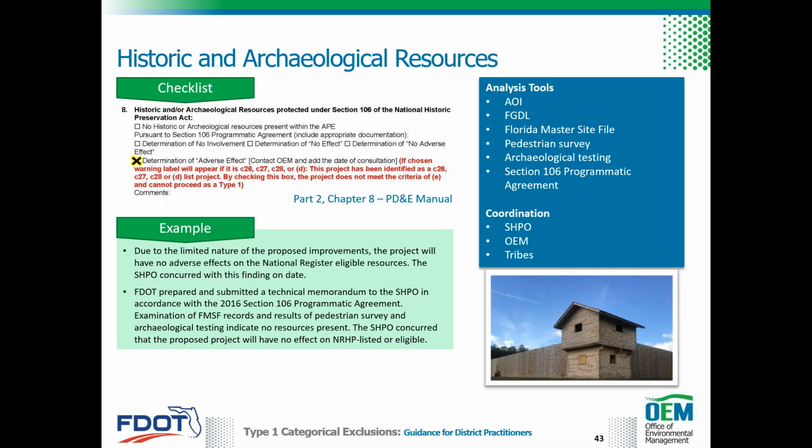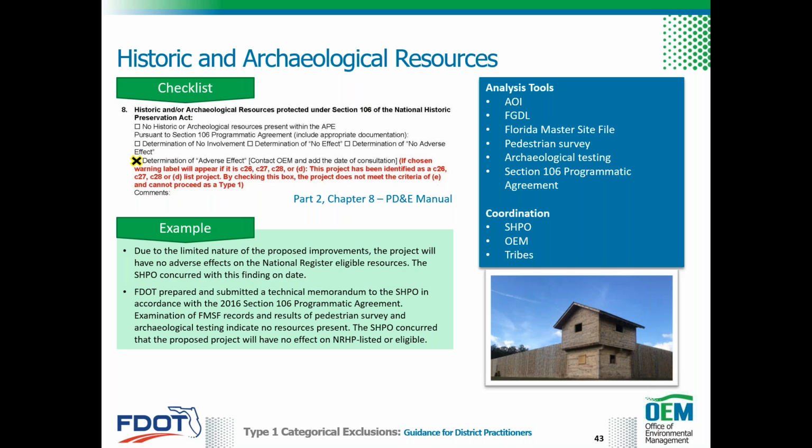Please note that tribes are not signatories to the 106 Programmatic Agreement, and if they're potentially interested, then you're going to need to send project information to OEM to submit to the tribe for review. If your project does not qualify for using the Section 106 Programmatic Agreement, you must still evaluate those cultural resources as appropriate.